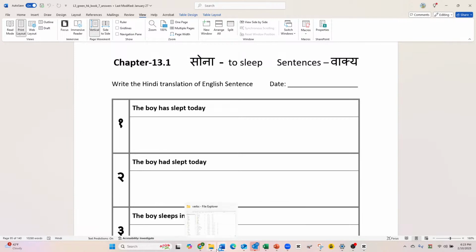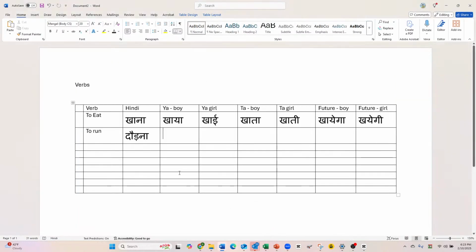So when we go back, hold on. Let me get to the right sheet now. Do, ra. दौड़ा. And what will it be for a girl? दौड़ी. Dodi. Do, ri. Okay. What about the ta form? दौड़ता.